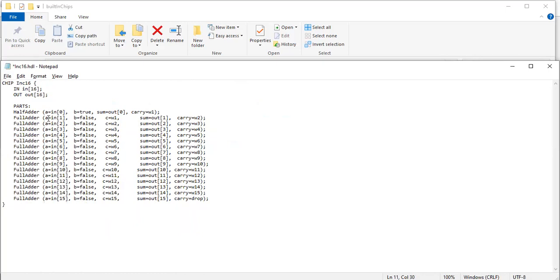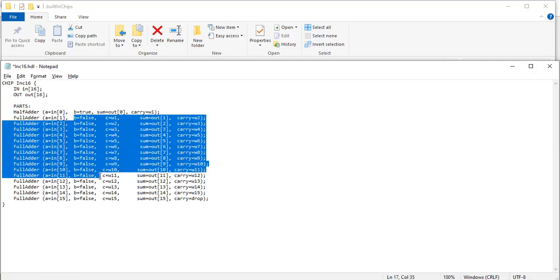A is equal to in0, for the first half adder, its A terminal is in 0. For the first full adder, its A terminal is in 1, and so on and so forth. Ang B, then, ibutang na ako 0 or 1. Or actually, 1 sa first na B, sa half adder, then 0 na yung tanan.